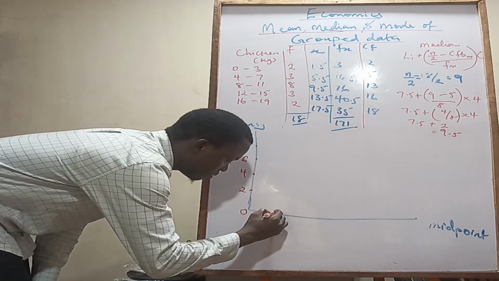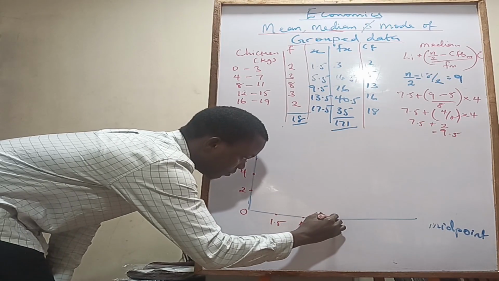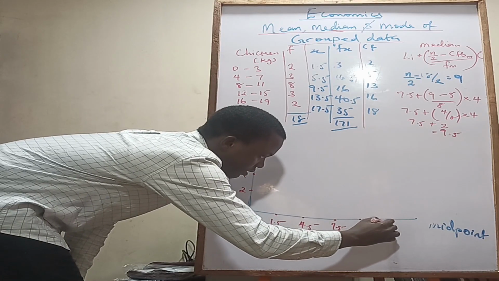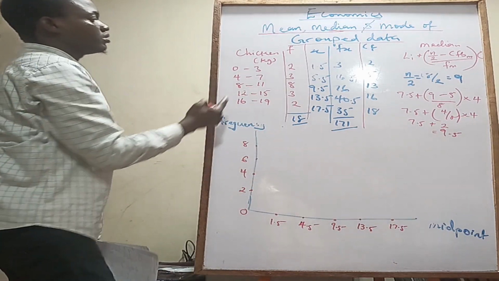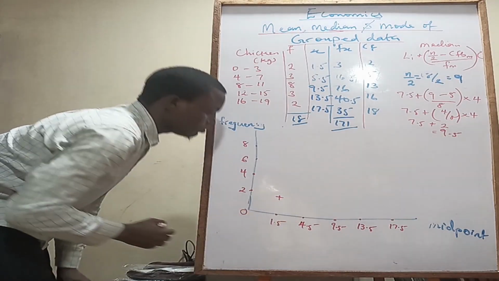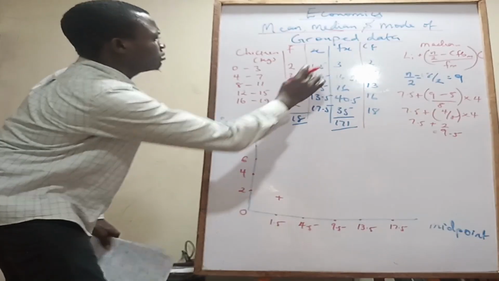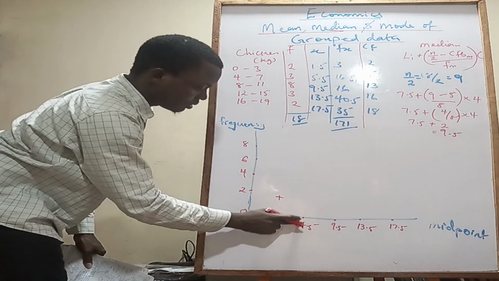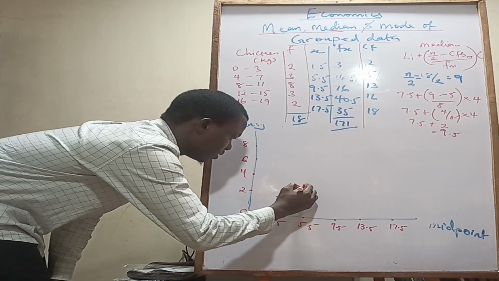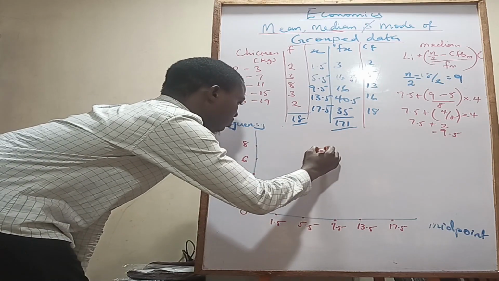Anyway, so this can be 1.5, 5.5, 9.5, 13.5, 17.5, on and on. So 1.5 has a frequency of 2, so that one is here. 5.5 has a frequency of 3. 3 is maybe around here. 9.5 has a frequency of 8, here.